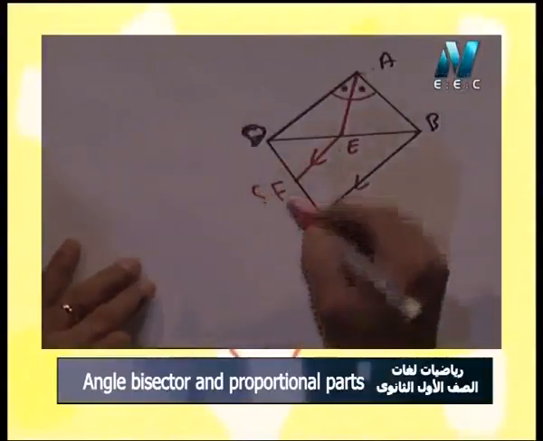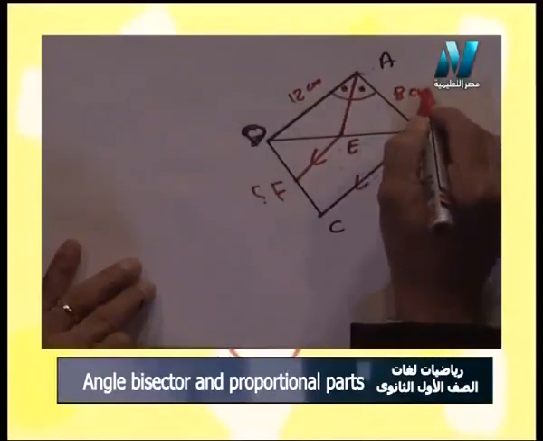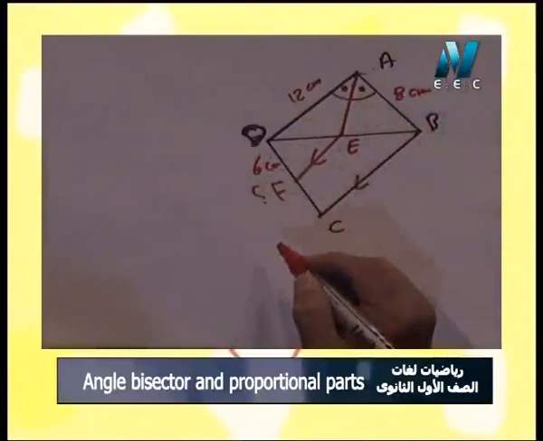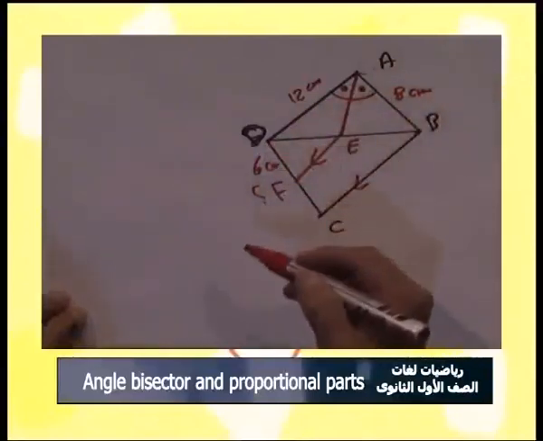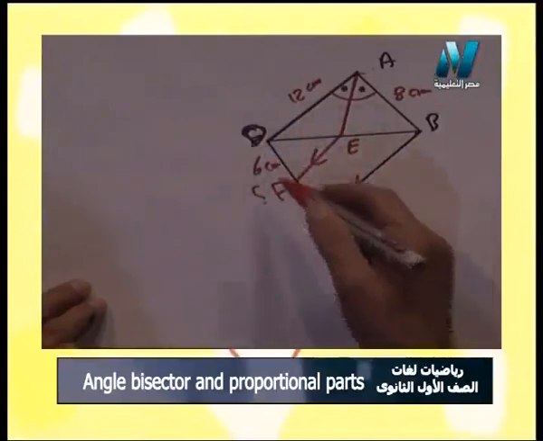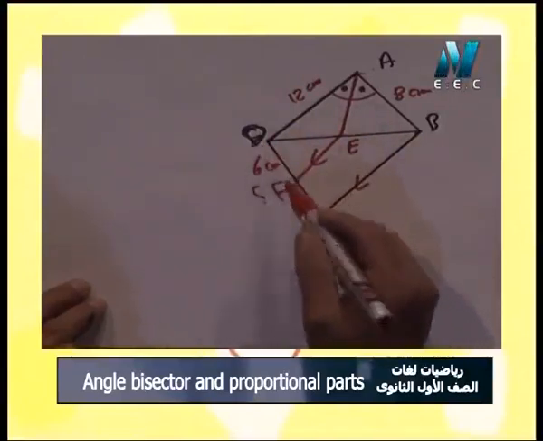And we have AD equals 12 centimeters, EB equals 8 centimeters, and DF equals 6 centimeters. Okay, we have AB, AD, DF, but we don't have DC. DC is the whole side, and we have only one part, DF.